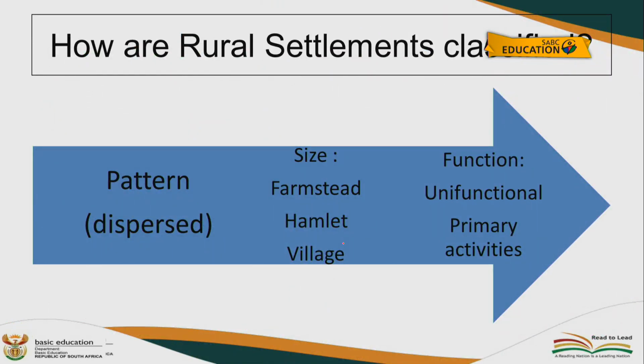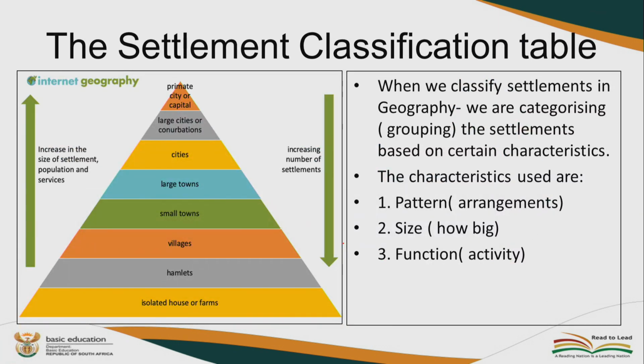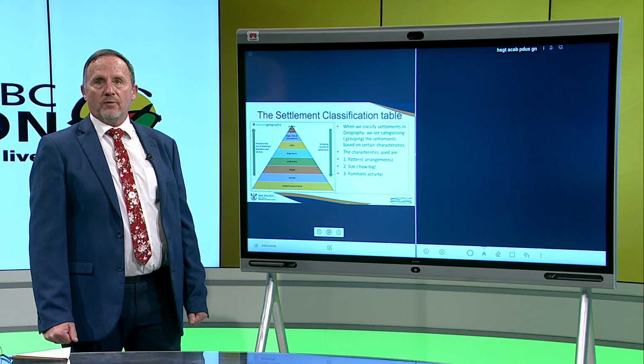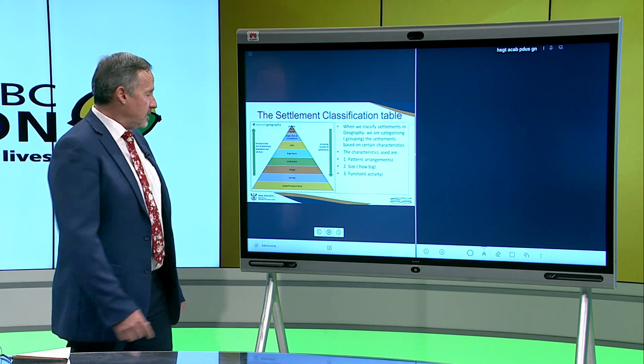Just a method. How do we classify rural settlements? We work on pattern, we work on size, and we work on function. We'll get to those points a bit later. You can classify these according to size. In the next lesson, I'm going to start off with here at the bottom and show you how to classify settlements in terms of their size.